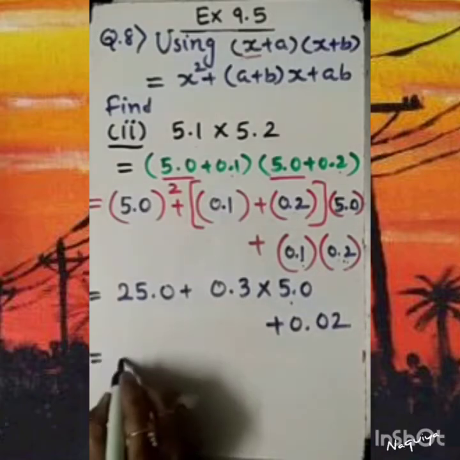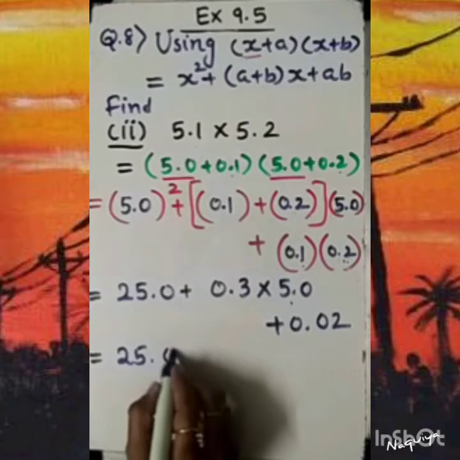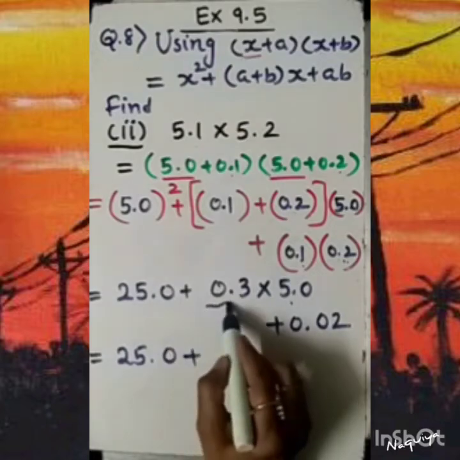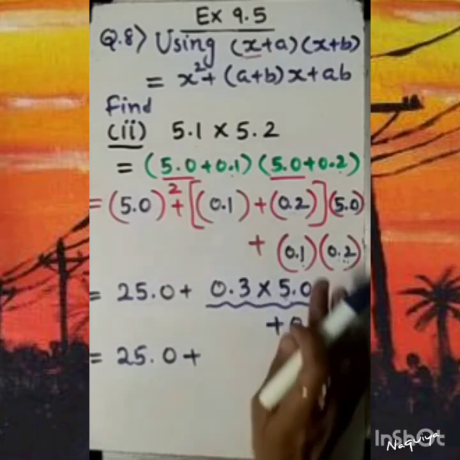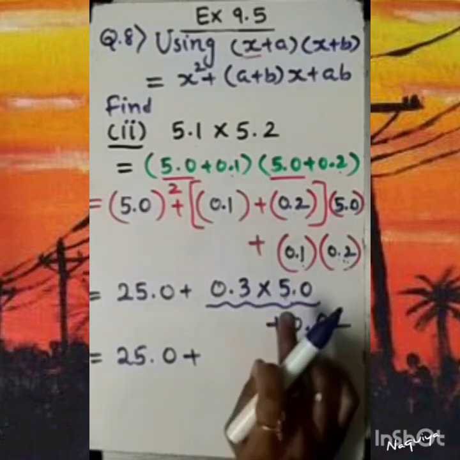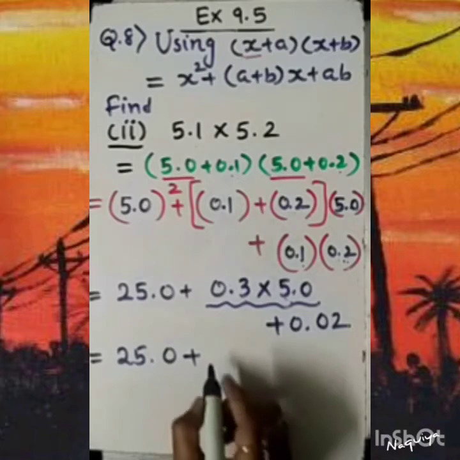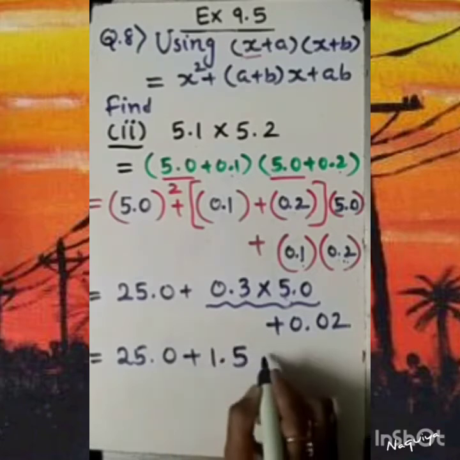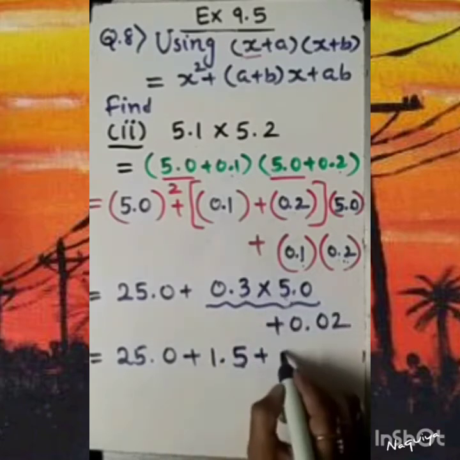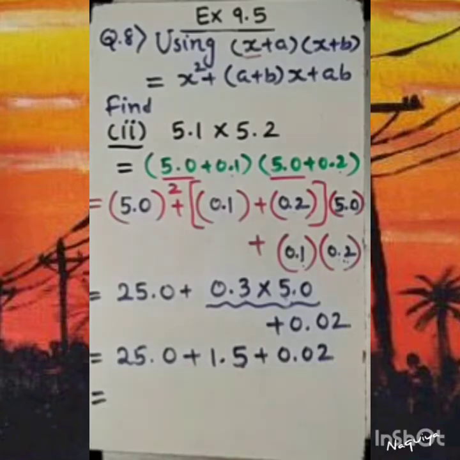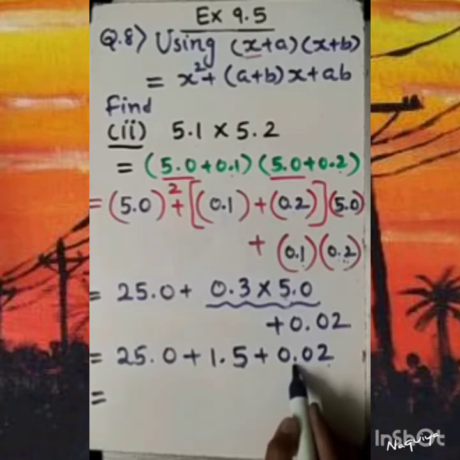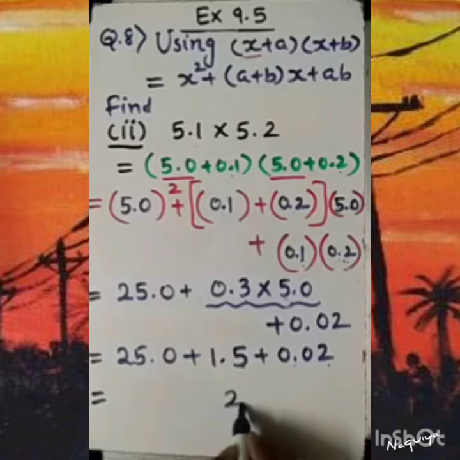So let's simplify more. So 25.0. What about the product of this? We know that 5 3s are 15, forget this decimal, and 5 3s are 15. So I need to write it will be 1.5. The product of these two numbers is coming this, fine. So let's add all this. So what do we have here? If we add this, then here after decimal 2 digits, so let's start, it will be 2.